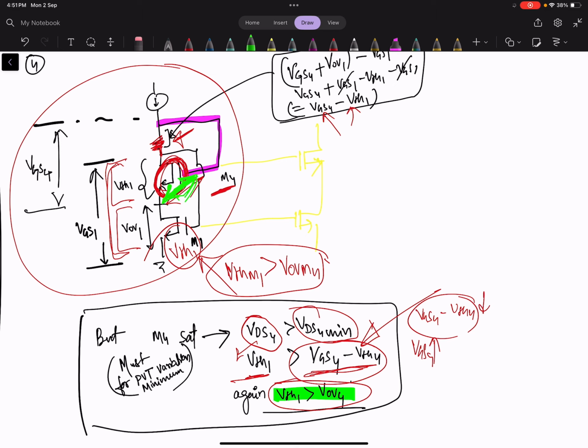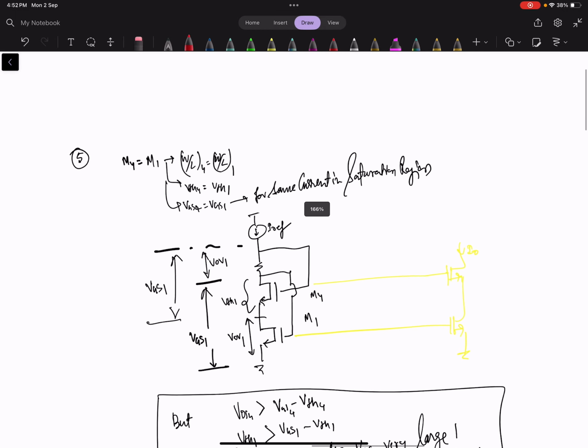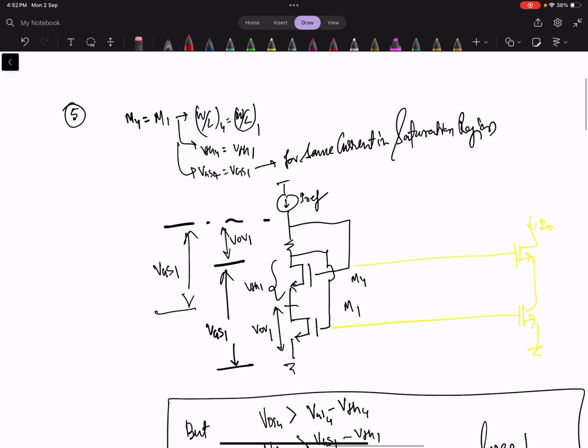Okay. What will happen if, let's say, we make M1 and M4 identical, that is W by L same, threshold voltage same? Then let's see what the requirement is, whether we can use that circuit or not. In that case, if you see, this is total VGS, this is overdrive, this is threshold of M1, and this is also the VGS1 because both VGS are same.